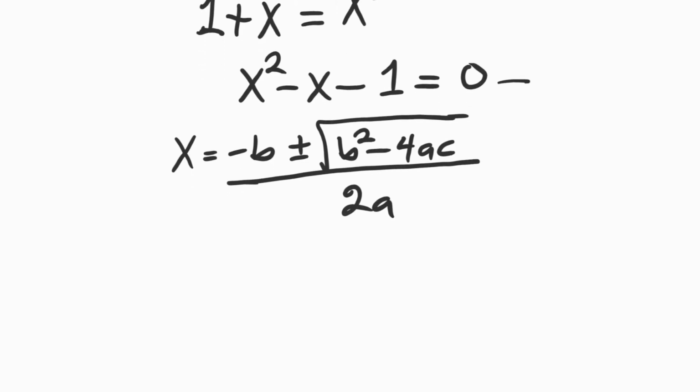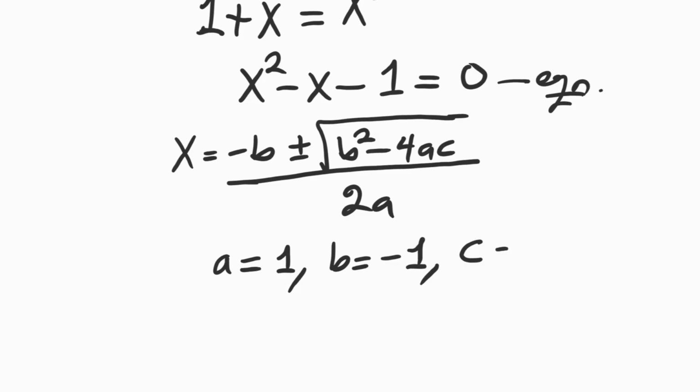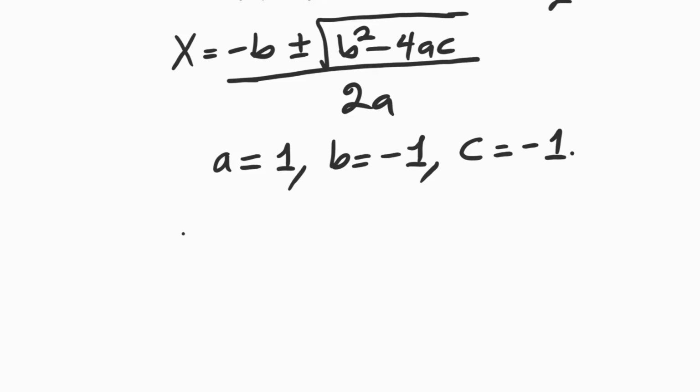And from this equation, we have that our a is equal to 1, our b is equal to minus 1, and our c is also equal to minus 1. So let's plug these values of a, b, and c into our quadratic equation formula.